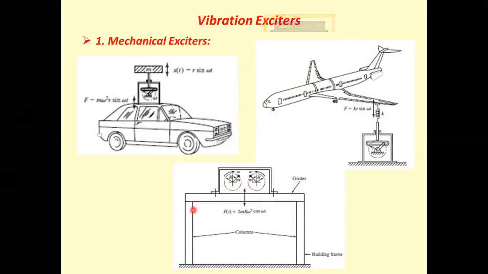In this case, it is a building frame, a vibrating structure. There is a girder of this building frame upon which there are two rotating masses. One mass rotates in the clockwise direction, and the other rotates in the anti-clockwise direction.